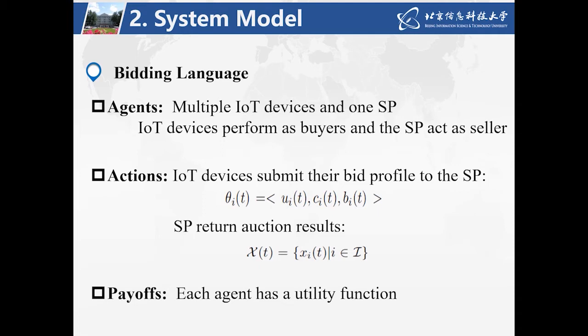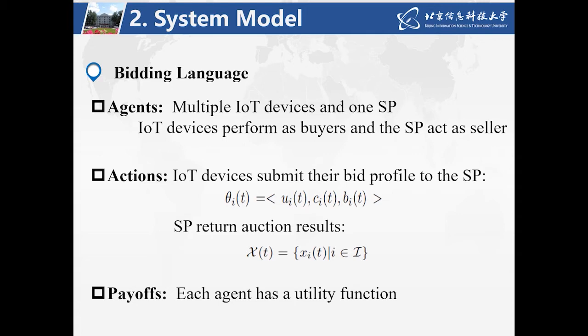IoT devices perform as bidders, and the service provider acts as the seller. As for actions, we explained in detail on the previous page. Our bid documentations include the profit of completing this computation task, the required CPU cycles, and the bid value at time slot t.